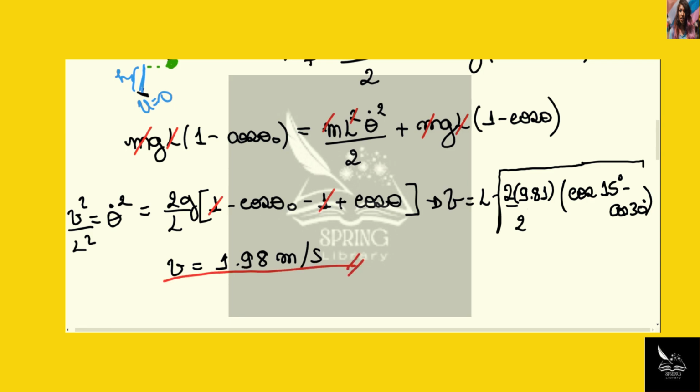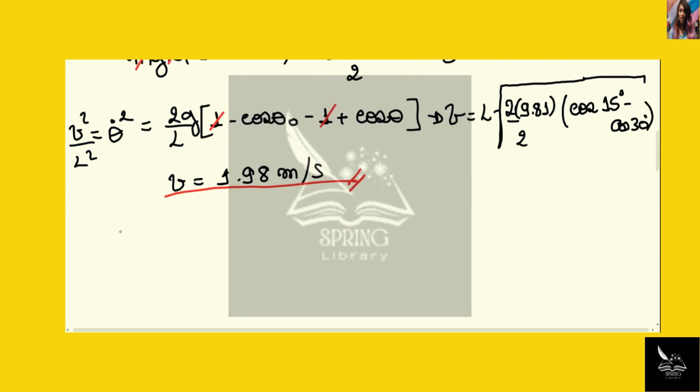Okay, now question C. We want to once again find the velocity, but this time when the ball is making a 15-degree angle to the left, okay? Previously we calculated to the right, now we want to calculate to the left.